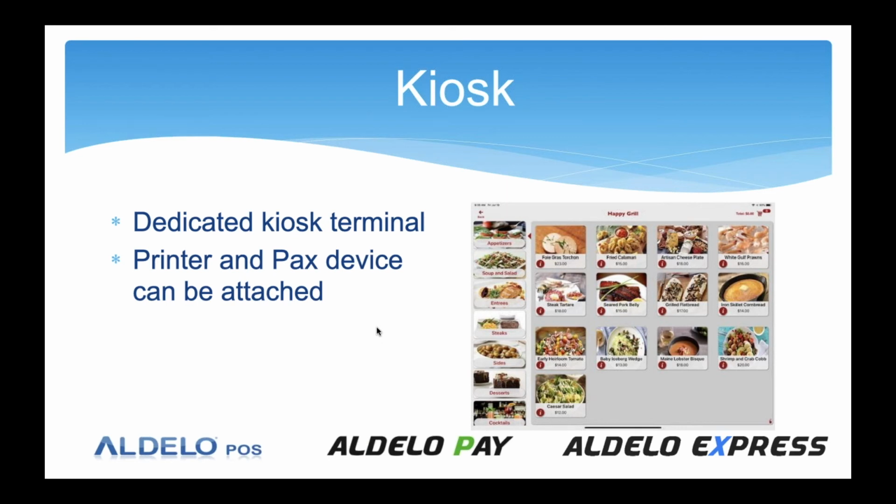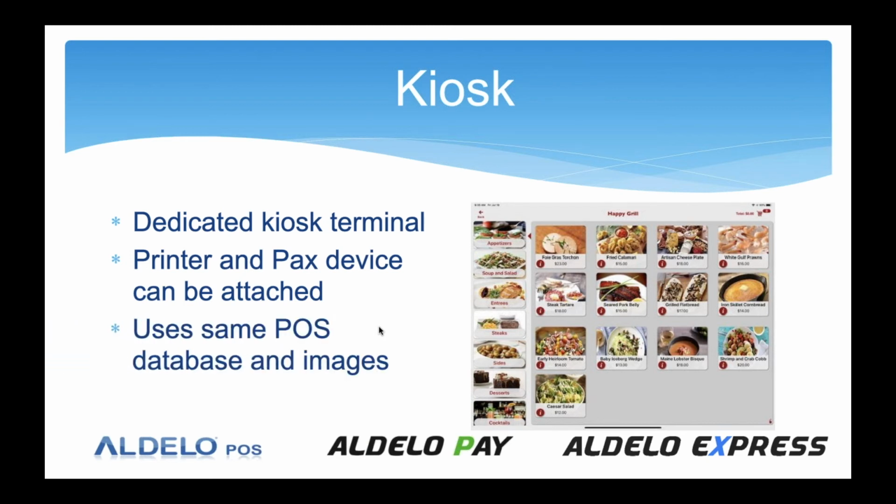If you have a PAX device associated with this, then they would be able to pay with credit card and then just pick up their order. That is up to the flow of the particular restaurant, but we are able to handle either or both. It does use the same database and images from the point of sale. It's identical.